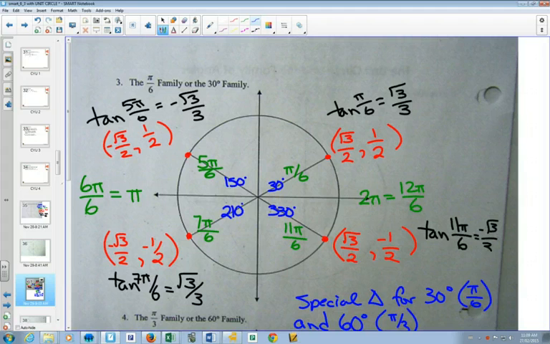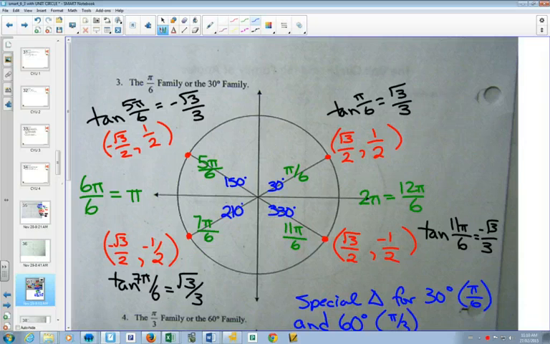And quadrant 4 is negative. Six, because I'm just doing the radians. These are all pi over 6 families.